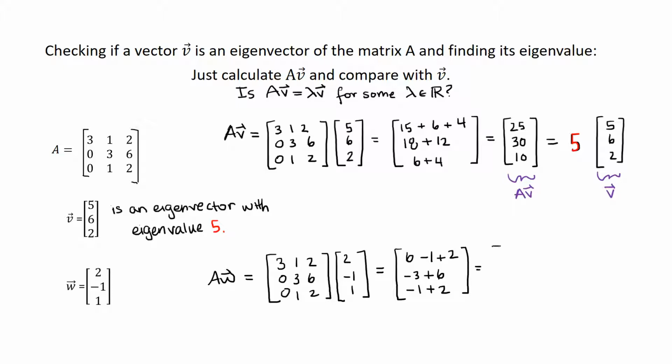We can simplify this as 7, 3, 1. Again, I'm going to compare with the vector w.